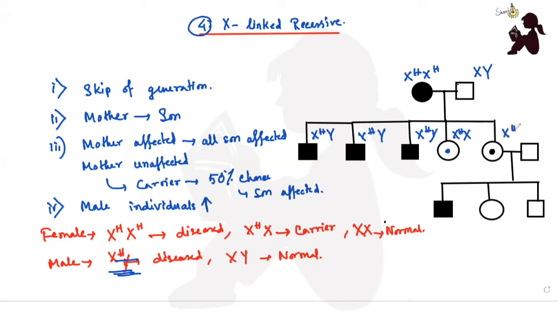This daughter will also be a carrier. And when she is married to a normal male individual, it results in 50% diseased sons and 50% normal sons. And here the daughter may or may not be a carrier. So this was all about the X-linked recessive condition.